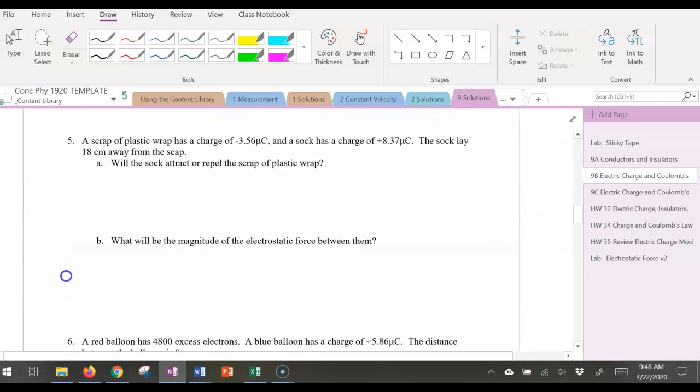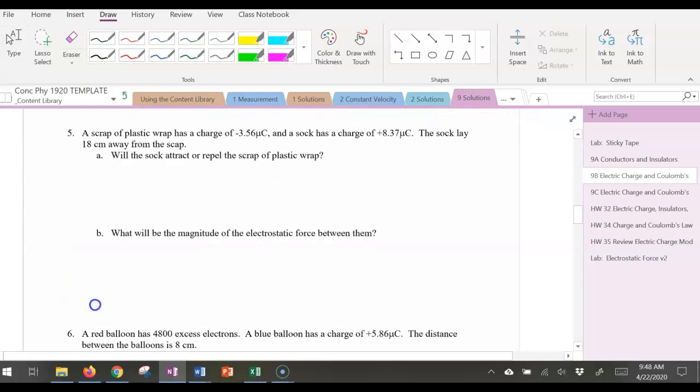Let's look at number 5. A scrap of plastic wrap initially has a charge of negative 3.56 microcoulombs, and the sock is positively charged, and it's 18 centimeters away from the scrap of plastic. So, will the sock attract or repel the plastic wrap?